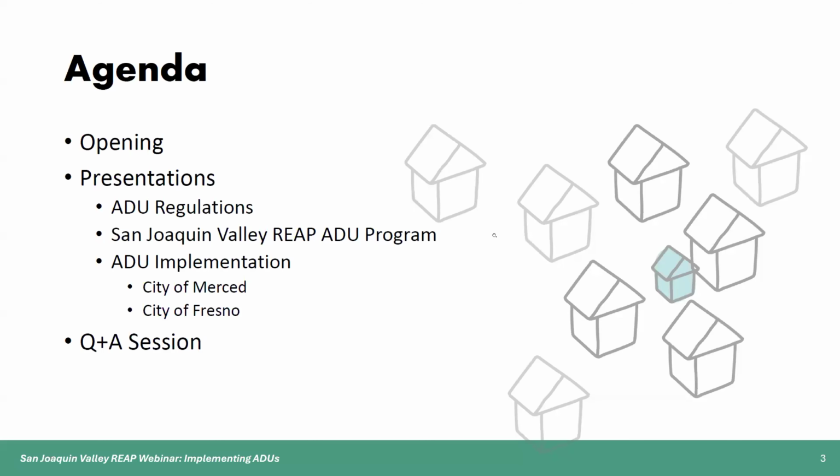Great. Thanks, Michael. Let me get the screen share going. Okay, so Michael alluded to this, but we will be presenting a couple of things today, starting with ADU regulation. So I'll take on that very exciting topic here in the next couple of slides. And then Monique will give an overview of what we've been up to with the San Joaquin Valley REAP ADU program.